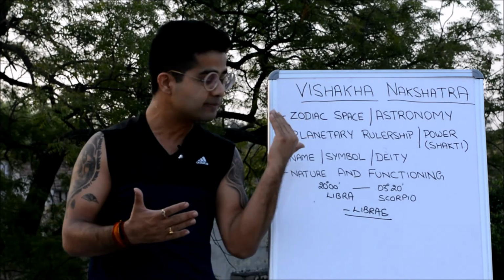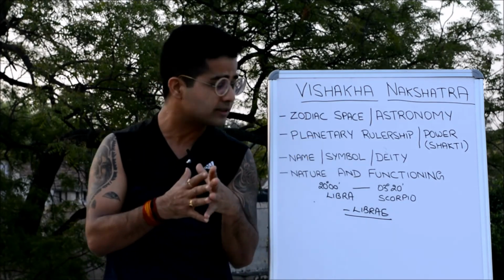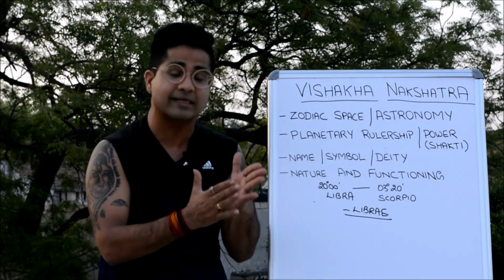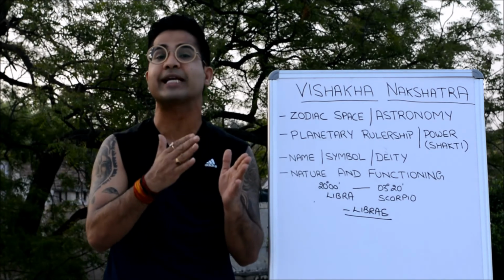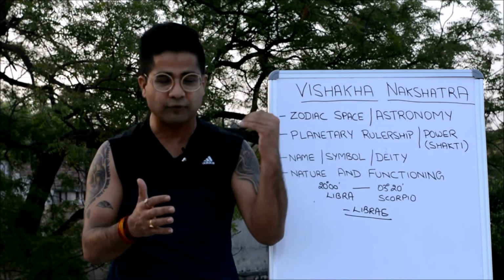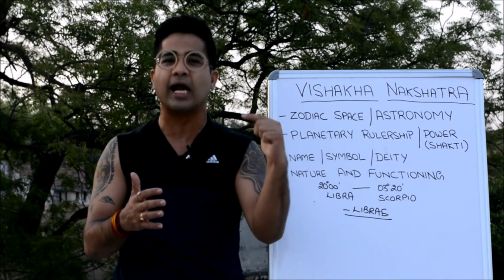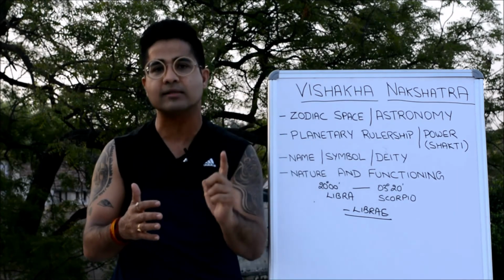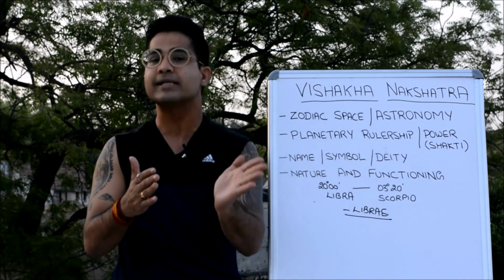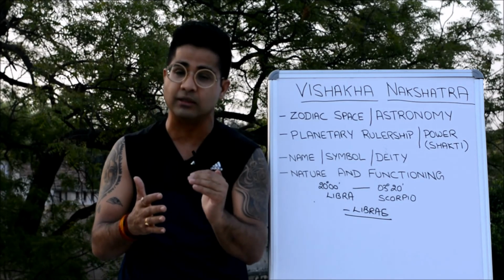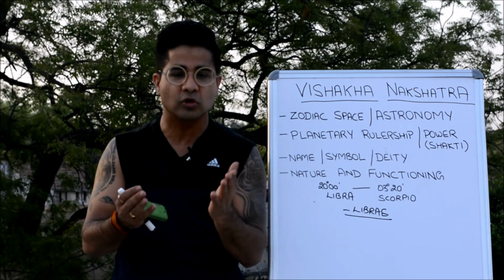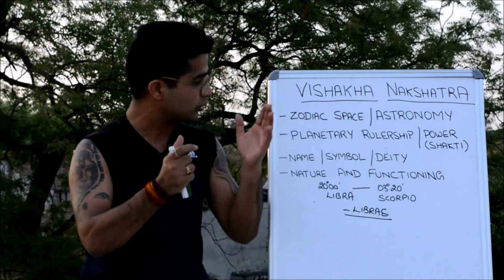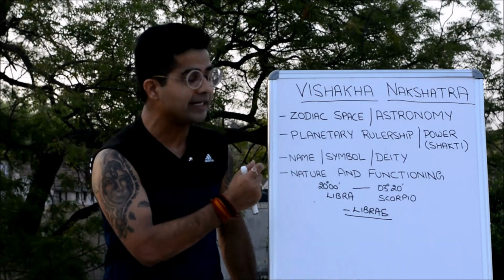And many times it has been seen that these people tend to get success in the second half of their life, after going through too many troubles and too much struggle. The second half of their life tends to be better compared to the first half. So these are a few qualities which you will find inherent in the personality of Vishakha people.